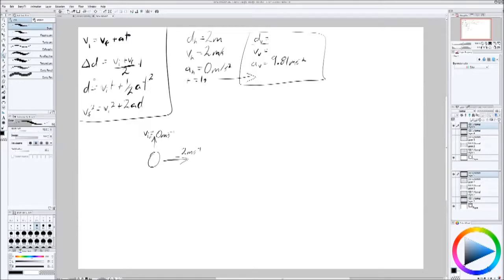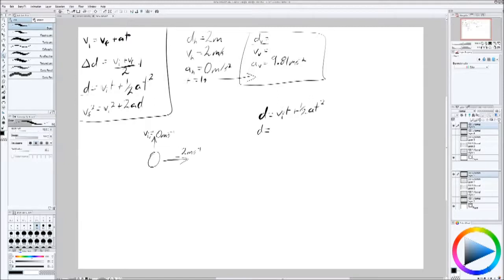Bearing that in mind, we can now look at this and go, okay, which one figures out d, has initial velocity, has time, and has acceleration? It'll be that one. So d equals v_i t plus 1/2 a t squared, and now we just plug the numbers in.